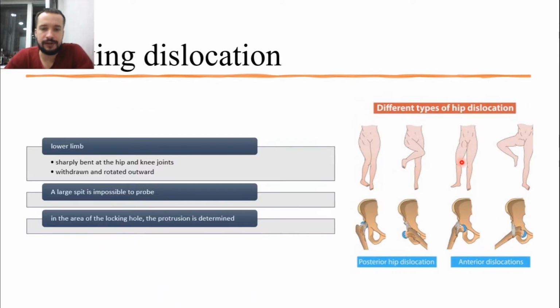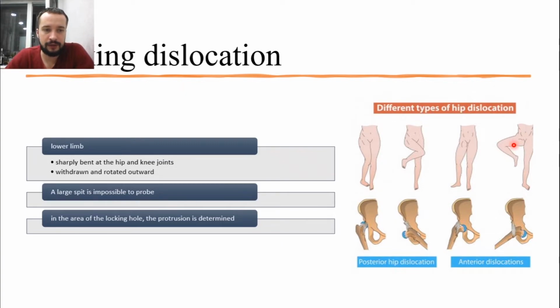Okay, locking dislocation. When we talk about locking dislocation, we see that the limb is sharply bent at the hip and knee joints and has rotation outward. What more?